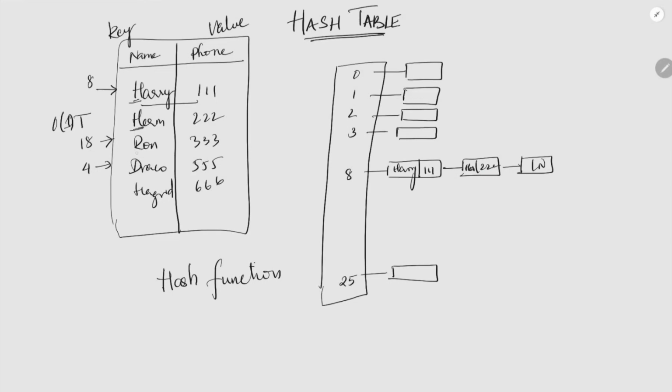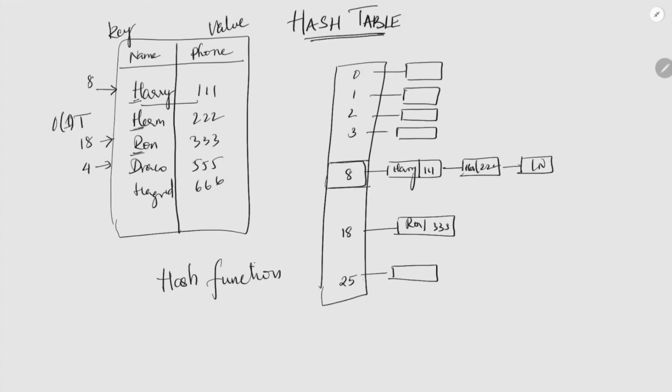And then the next name is Ron, so that's going to be in 18. We are going to store the key value here. So you get the idea. Every time we come across a name, we apply the hash function on the key, get a corresponding slot in the dynamic array and store the key value pair against that particular value. This process is called inserting the key value pairs in the hash table.